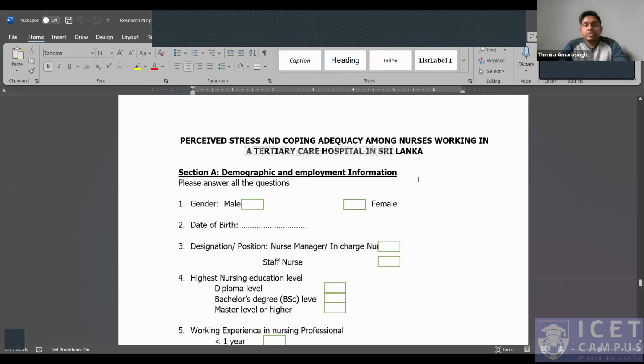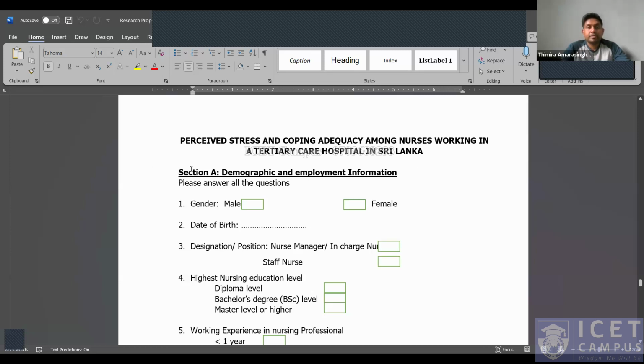Now, as you can see, yesterday I told about making the sections, not to just put the questions, but keep the sections separately so the participant can easily answer the question.